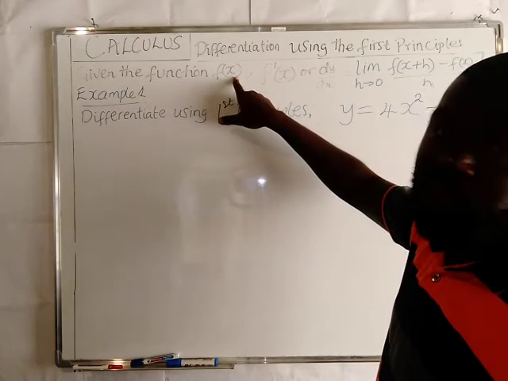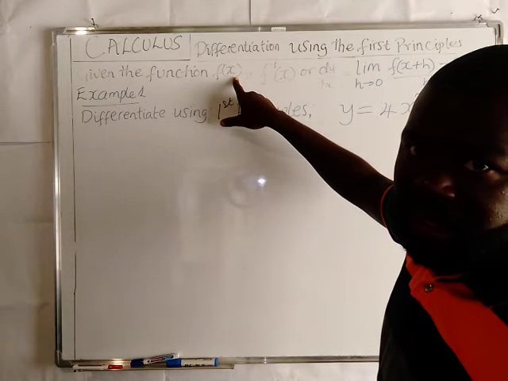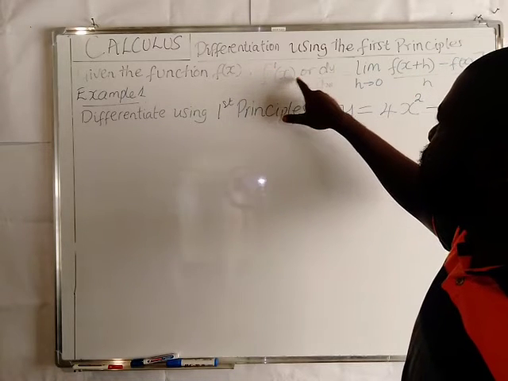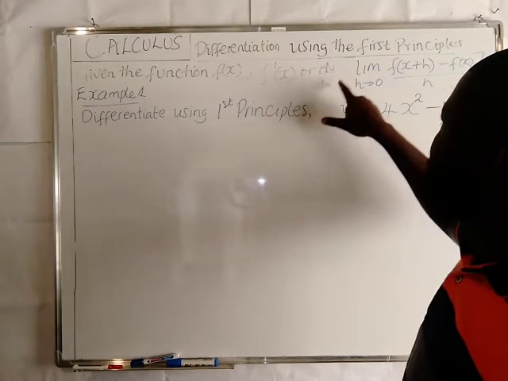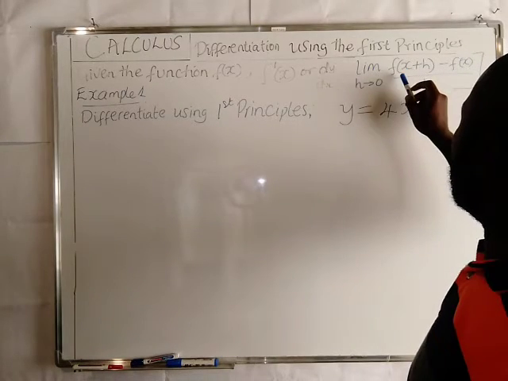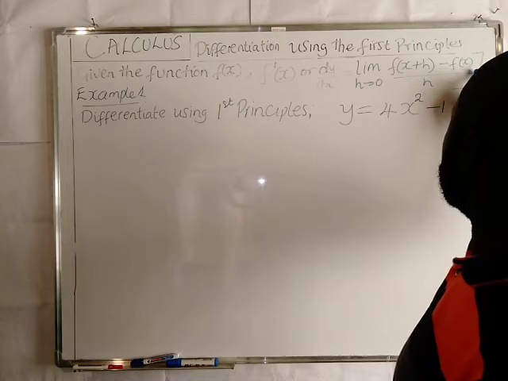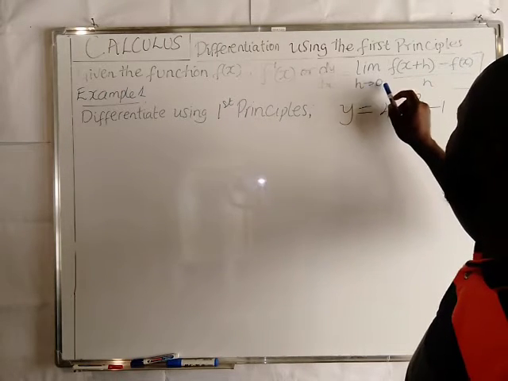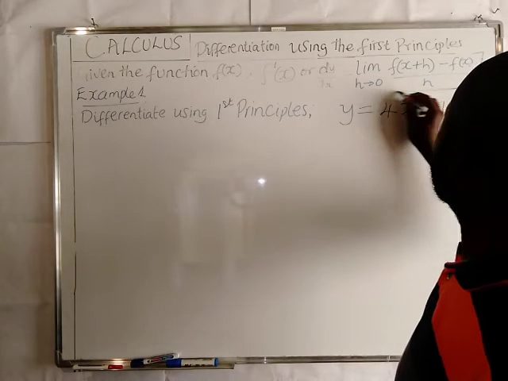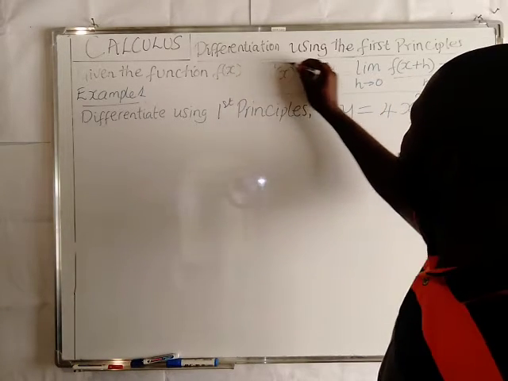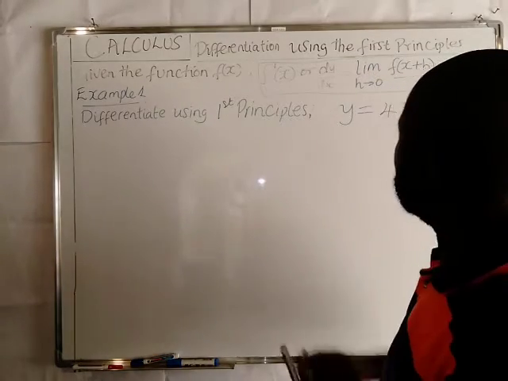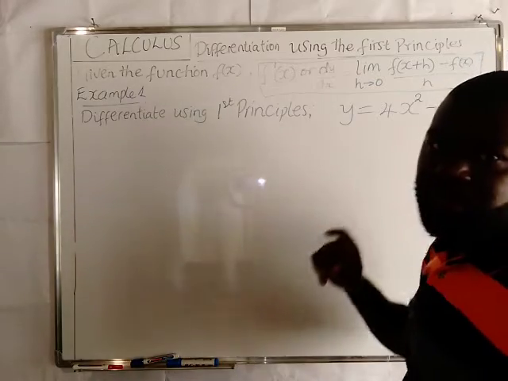Given the function f of x or y, f prime of x or dy dx is equal to the limit of this function as h approaches 0. So basically, this is what we call the first principle.